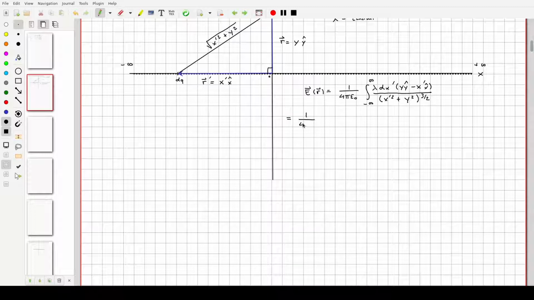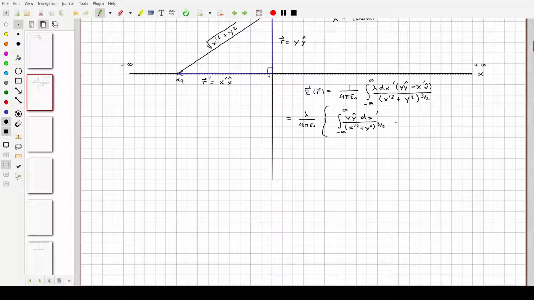That's going to be 1 over 4 pi epsilon naught. And actually, I tell you what, instead of saying 1, I'm going to go ahead and pull out lambda because that's constant. Lambda over that. Now, what's left that we have to integrate over is the first part, which deals with y, and that's again dx prime.